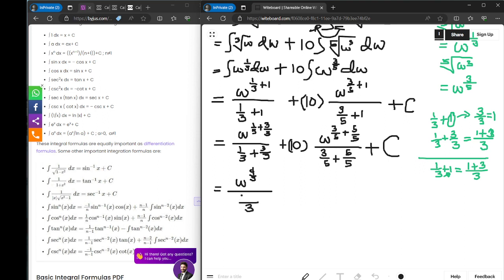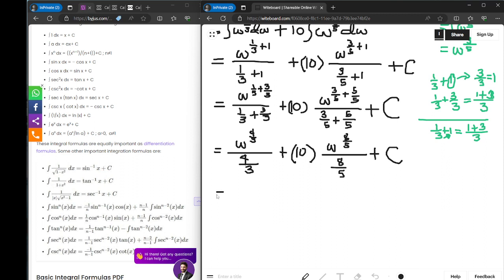So here, this will also become 4 over 3. Then plus 10 times, so 3 plus 5 is 8, and copy the denominator. So that's 8 over 5, then plus C.